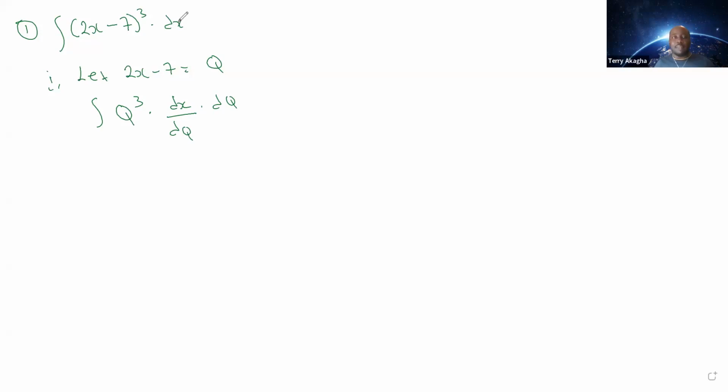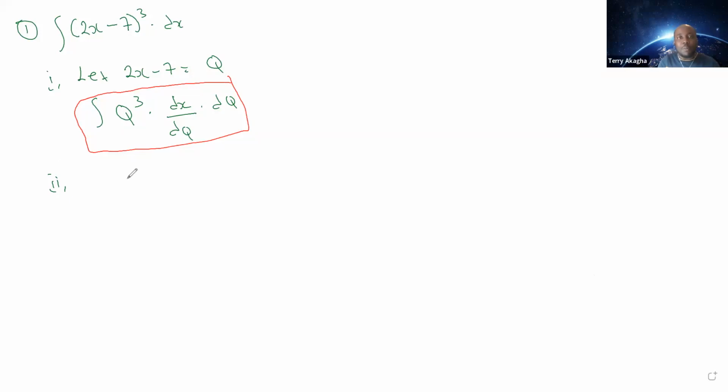Now, when you're done with that, you keep that separately. We've done the replacement here. Now let's go to the second step. The next thing you need to do is to differentiate the linear function separately and find dx over dq.